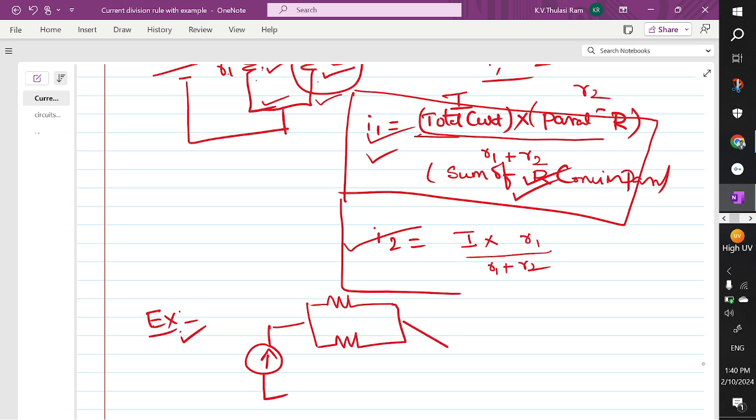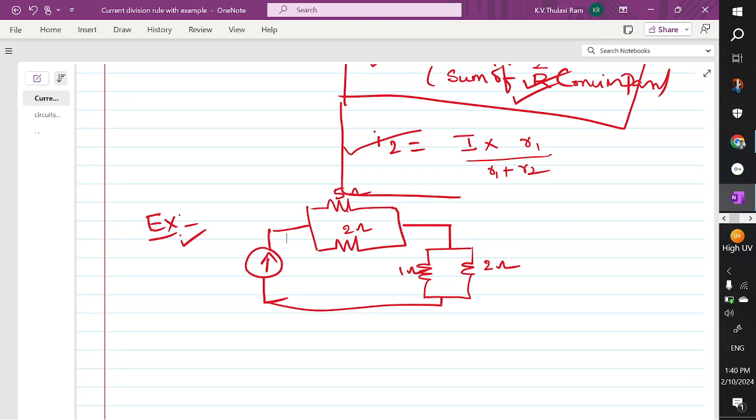Here I have one more parallel branch with another two resistors, again connected in parallel. Now let us give the names. This is 5 ohm, this is 2 ohm, this is also 2 ohm, and this is 1 ohm.